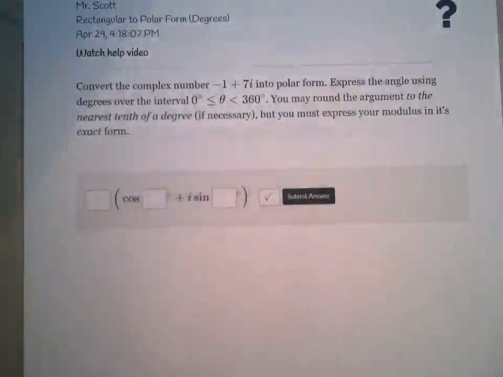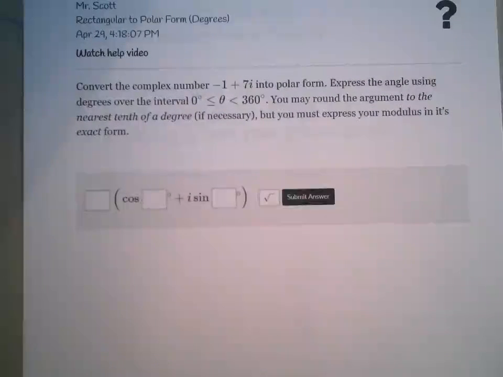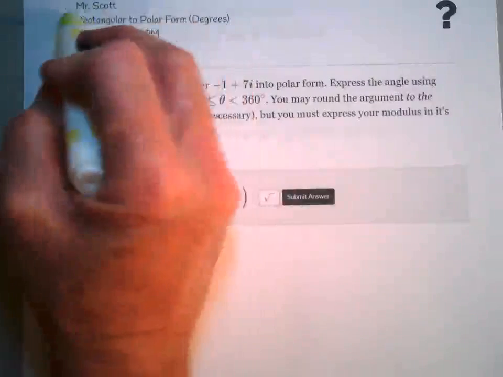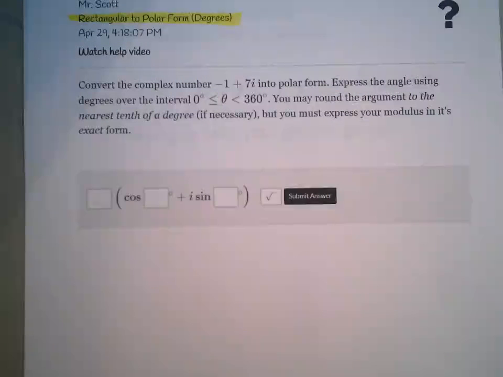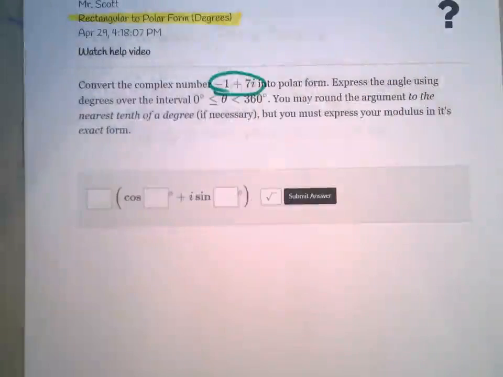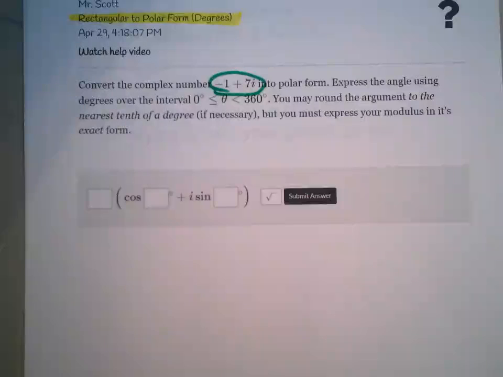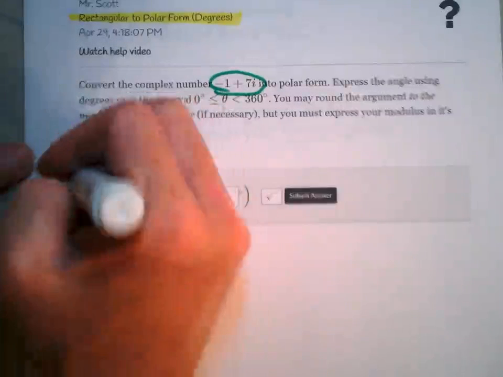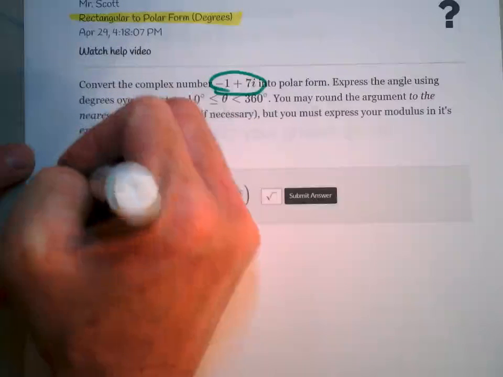All right, problem number 3. Third one, last one of the day. We're going reverse of that: rectangular form to polar form. And so they give the problem to us as a complex number. So we have to figure out how long is it.